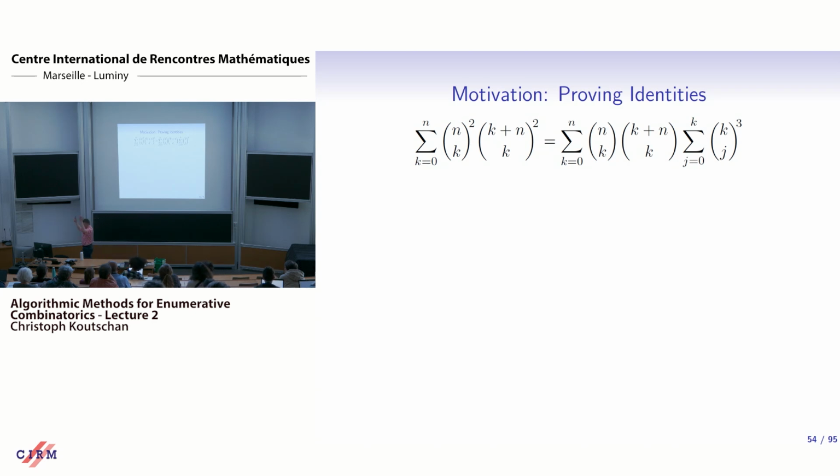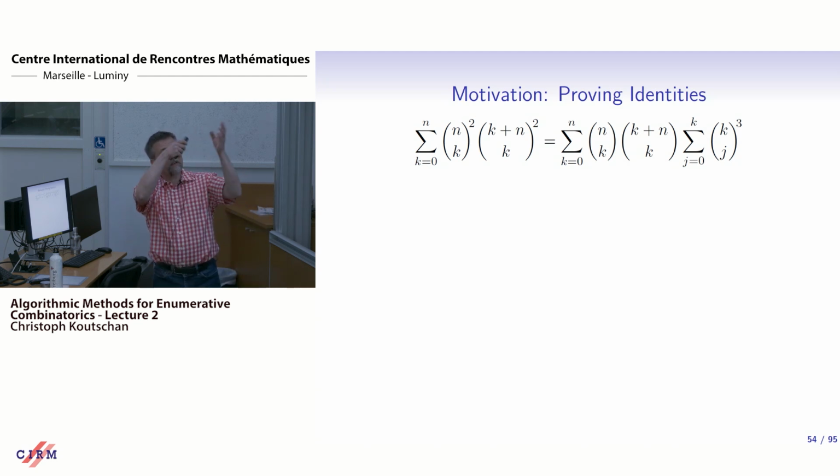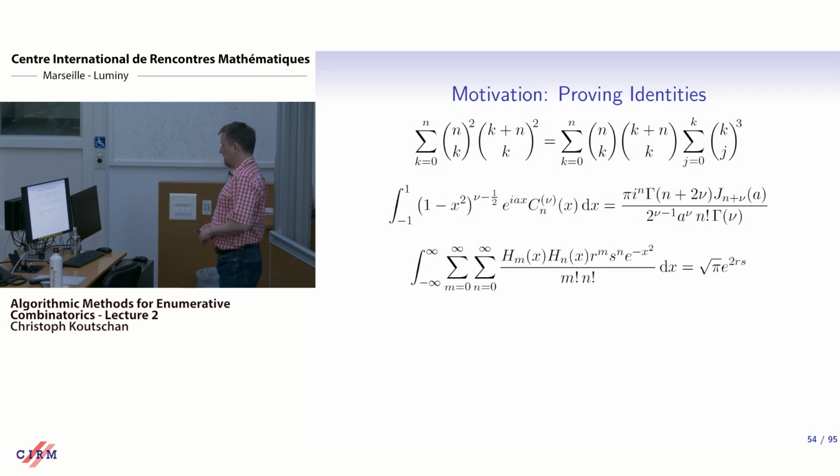As a motivation, I give a random selection of identities that can be proven or dealt with these methods. So we can do binomial sums, multi-sums, prove identities of combinatorial type. You can evaluate integrals that involve special functions, like here the Gegenbauer polynomials or the Bessel function on the right-hand side.